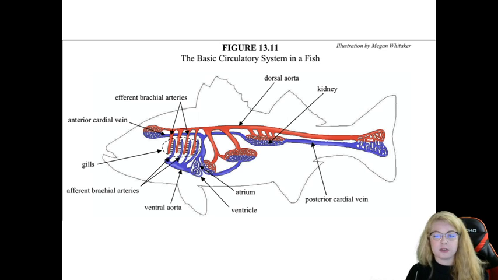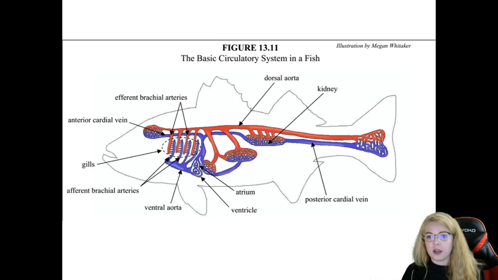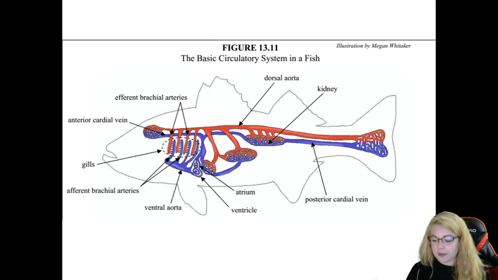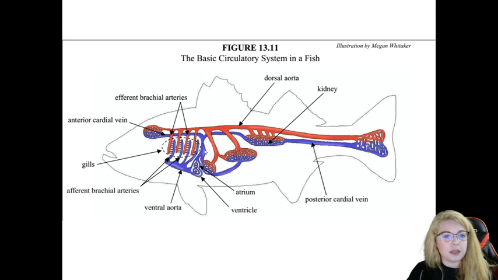These are just the main ones so that you can get an overview and a point of reference and perhaps just for review. The red represents blood that has oxygen in it and is carrying oxygen throughout the body, while the blue represents the deoxygenated blood, or the blood that does not have oxygen in it, instead has carbon dioxide waste that is headed back to the heart, essentially.